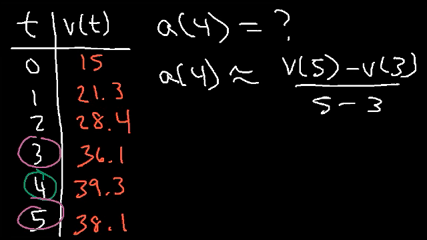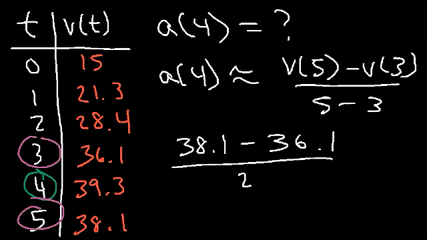The velocity at 5 is 38.1, and at 3 it's 36.1, divided by 2. So 38 minus 36 is 2. 2 over 2 is 1. So the average acceleration between 3 and 5 is 1. So we can approximate that the instantaneous acceleration is approximately 1.